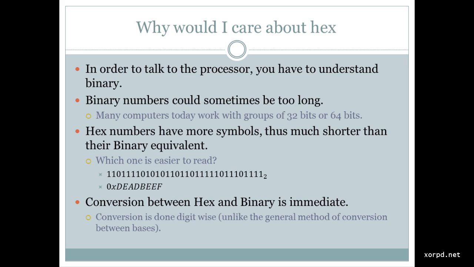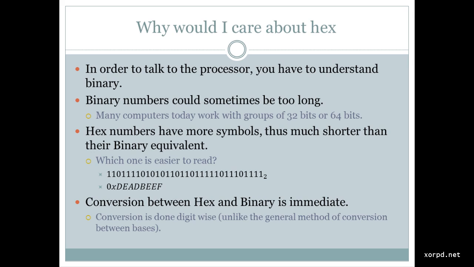Another important thing regarding hex and binary is that conversion between hex and binary is immediate. We could have seen this a few slides before, that it is so easy to convert. We can just look at every one digit of hex and convert it to the corresponding 4 binary digits. It's pretty simple.